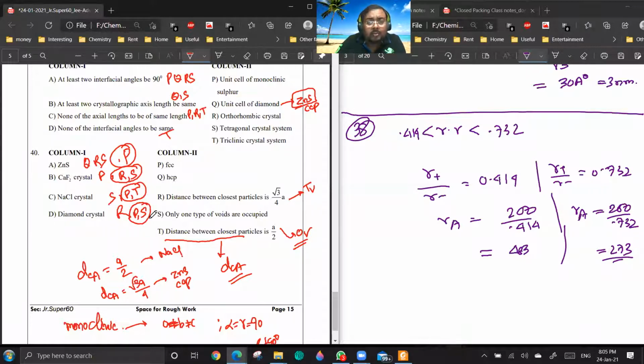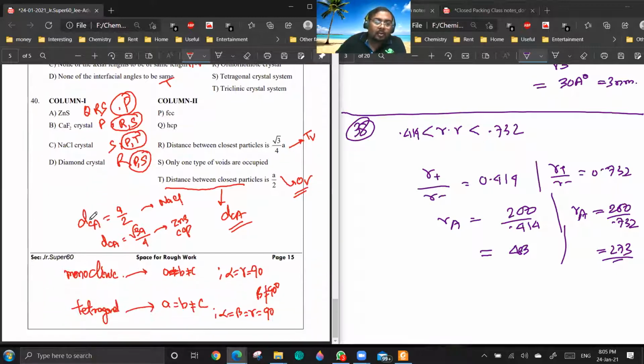If your particle is residing in a tetrahedral void, then the distance between cation and anion will be root 3 by 4a, because cation and anions are touching each other. If it is an octahedral void, it will be a by 2, because octahedral void is along the edge length and at the edge center. These are the only two conditions. Getting your point?